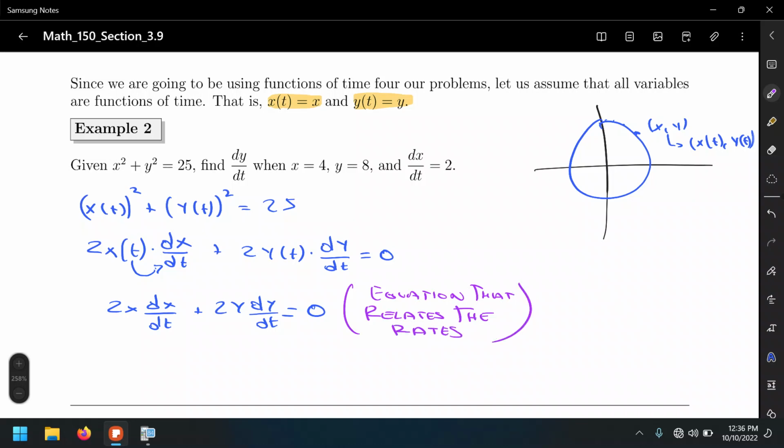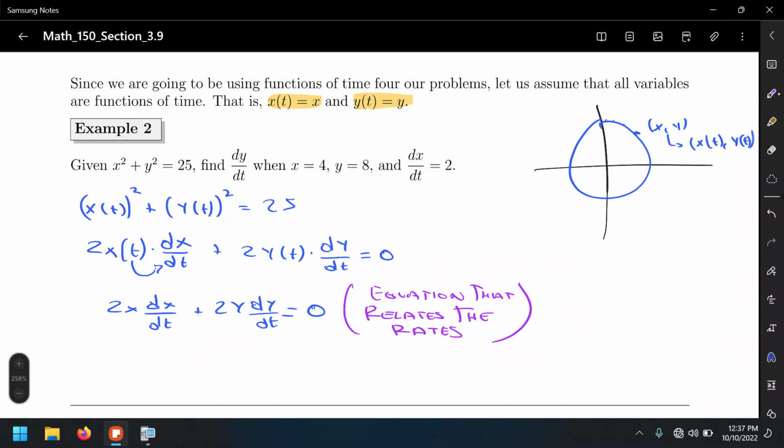This equation, that's why we call it related rates, because we're going to do some implicit differentiation, but this time with respect to a new variable pulling the strings in the background, which in this case is t. And this equation that we obtained is the equation that relates those rates: the rate of change of x with respect to that background variable, and the rate of change of y with respect to that background variable.